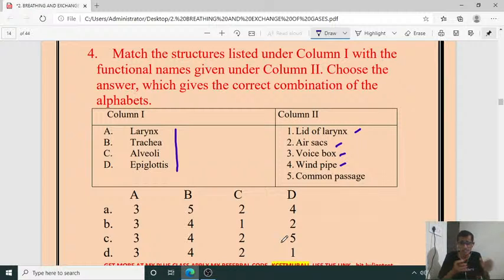In that region we can observe the guardian of the airways, the epiglottis. One of the cartilaginous plate-like structures of the vocal cord is modified into a spoon-shaped structure, called the epiglottis. So the right answer to the fourth question is D, lid of the larynx.